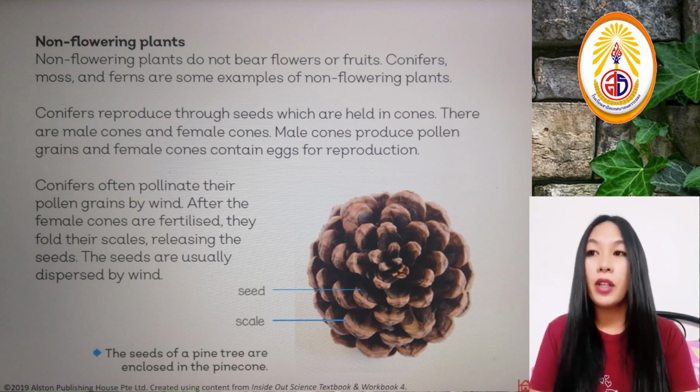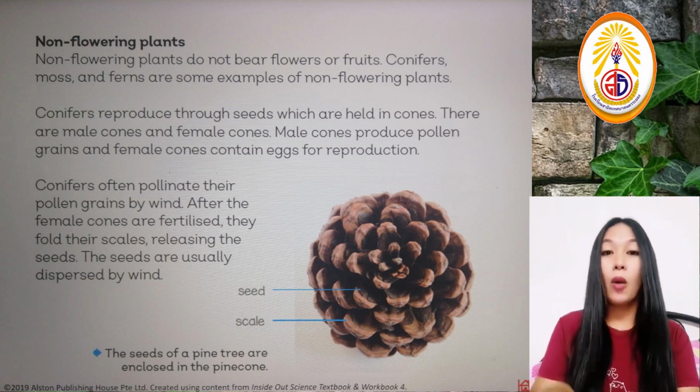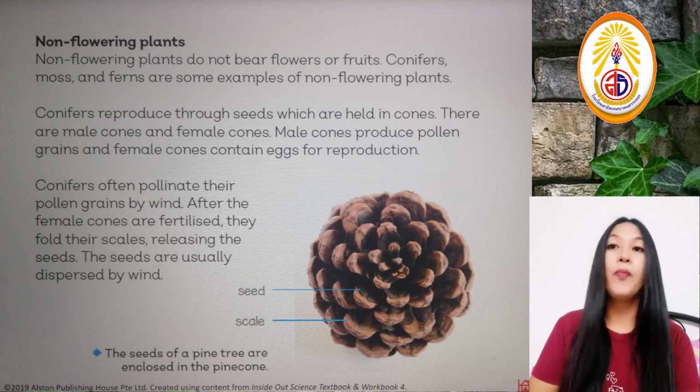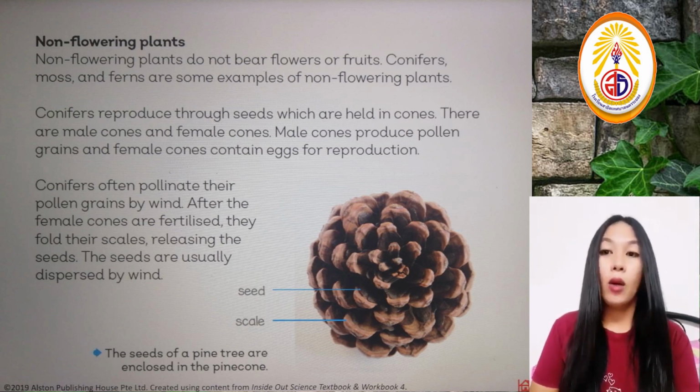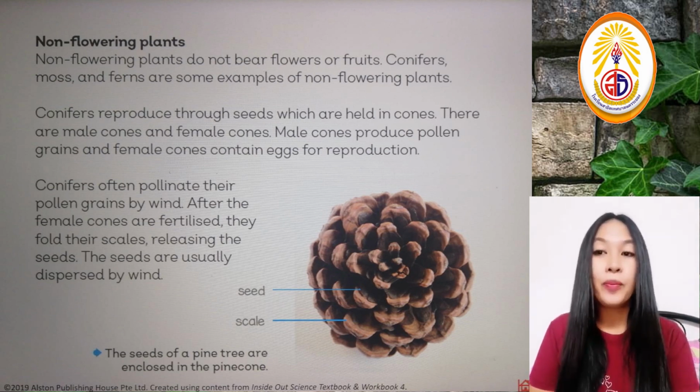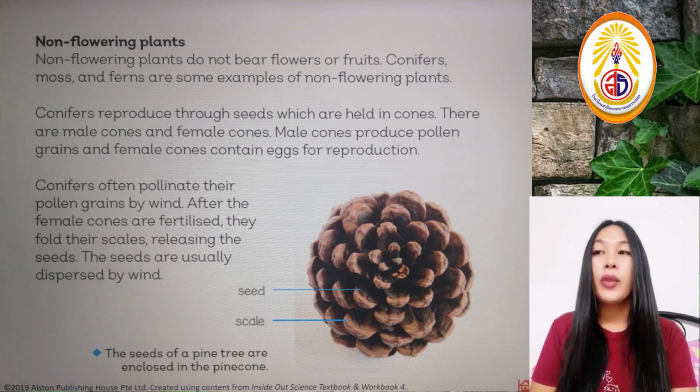Now, conifers reproduce through seeds, which are held in their cones. This is the cone right here in the picture. You can see that that is the cone, that is not a flower, and inside the cones are the seeds of the conifer. There are male cones and female cones.